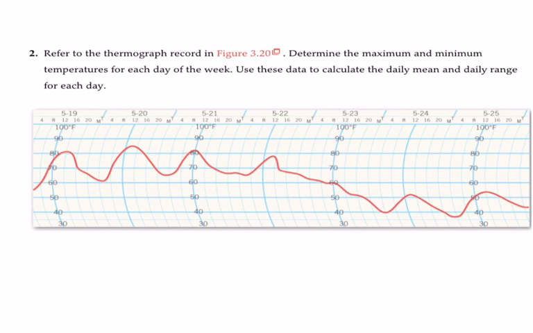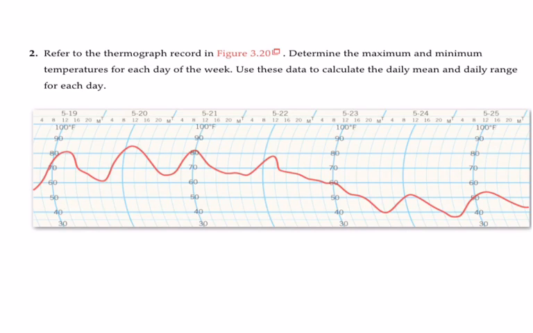The next one looks like this. You're going to use this thermograph. That's an interesting word. It makes sense. This is what basically Peoria had through a series of several days. Looks like a week maybe.